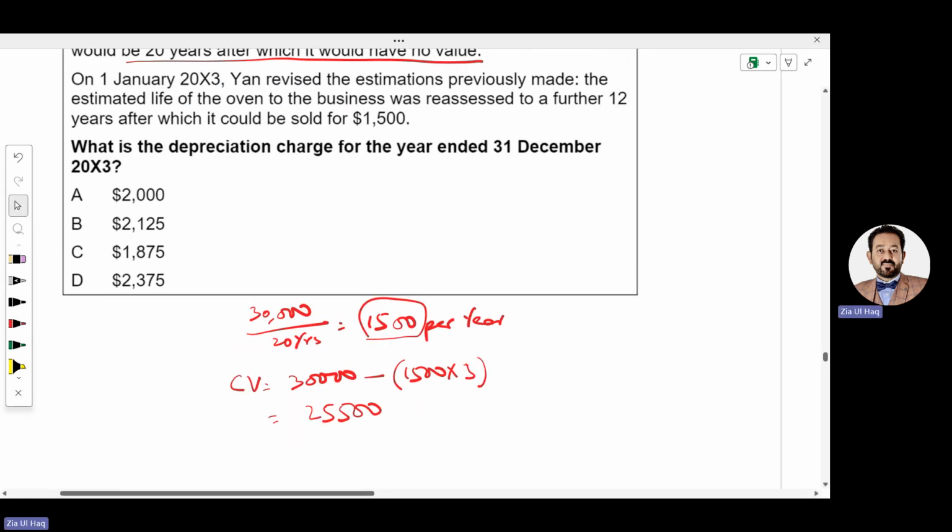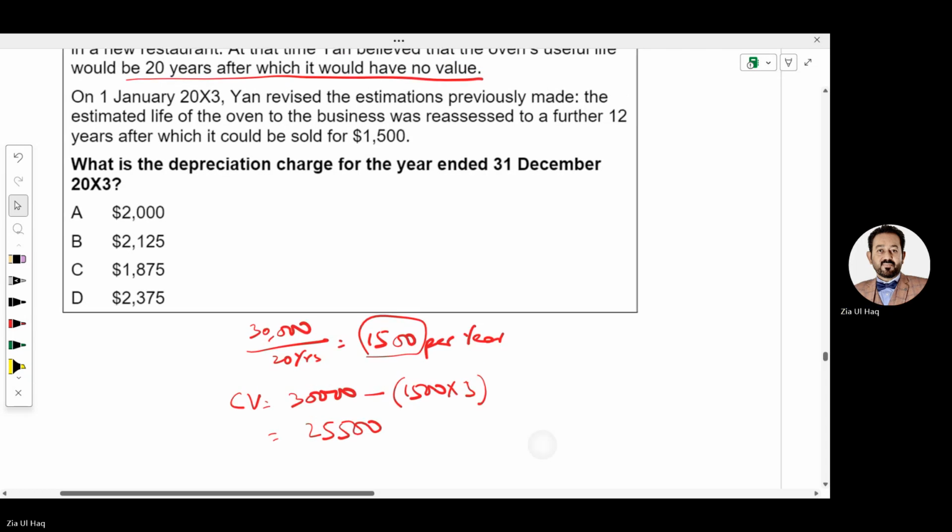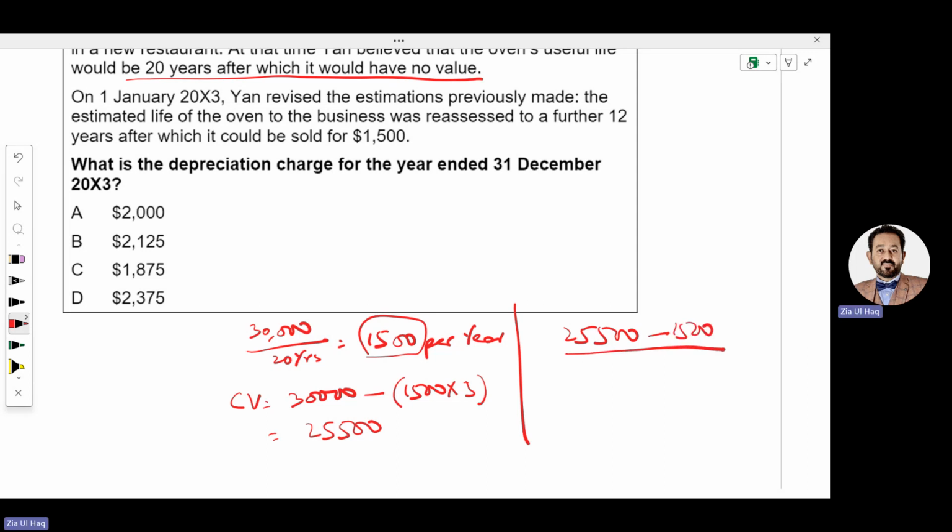Now we need to calculate a new depreciation. Carrying value is 25,500 minus residual value 1,500, over useful life.